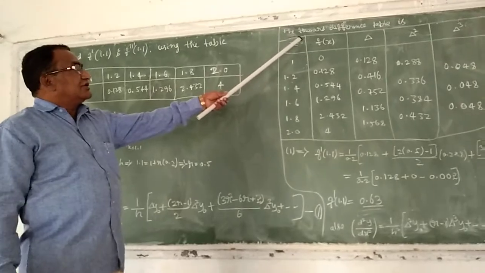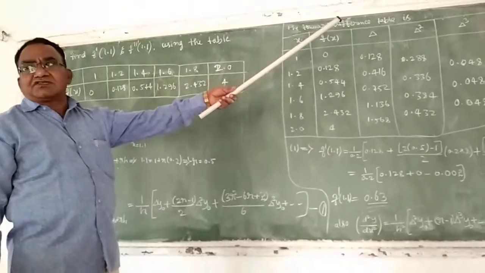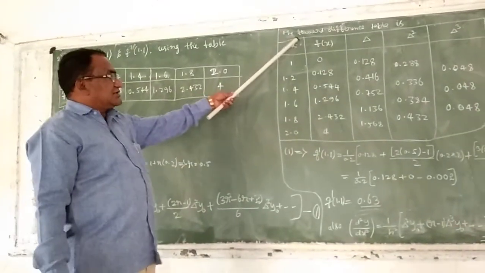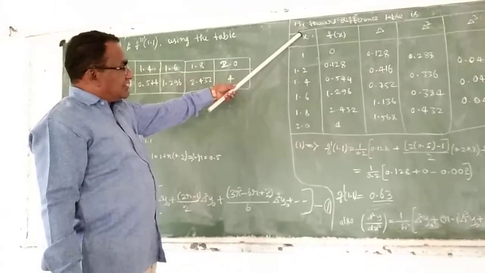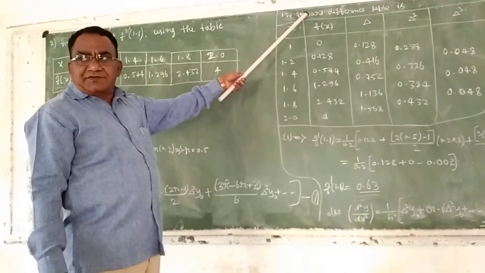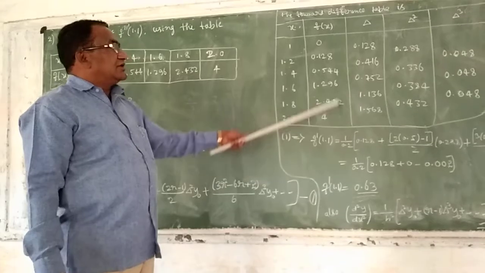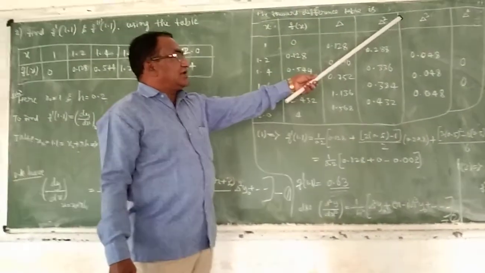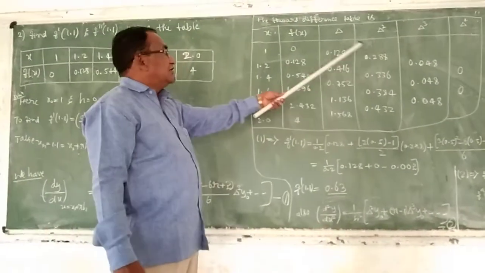Before that, you construct the forward difference table. For that, you write the given values of x in the first column and the given values of fx in the second column. Then delta, delta square, delta cube, delta to the power 4.